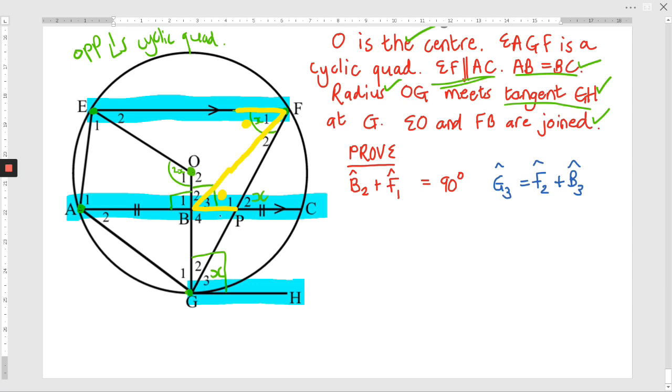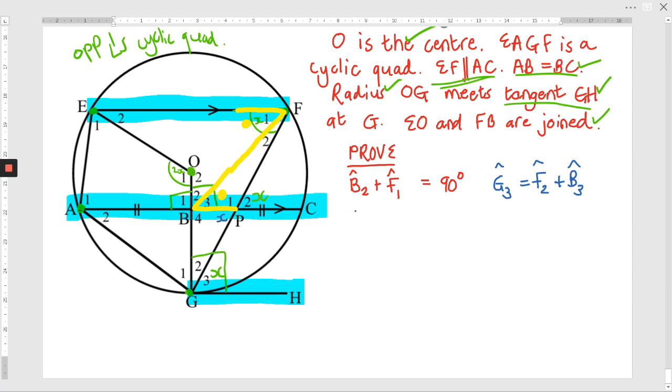There's going to be another X over there, alternate angles. So I'm going to prove the parallel lines. Then I'm going to say, okay, so P3 equals X. I'm going to add that in. And X equals B3 plus F2 because it is the exterior angle of triangle FBP. So that's how I'm going to do that one. The first thing I've got to do is prove parallel lines. So I'm going to start with that.